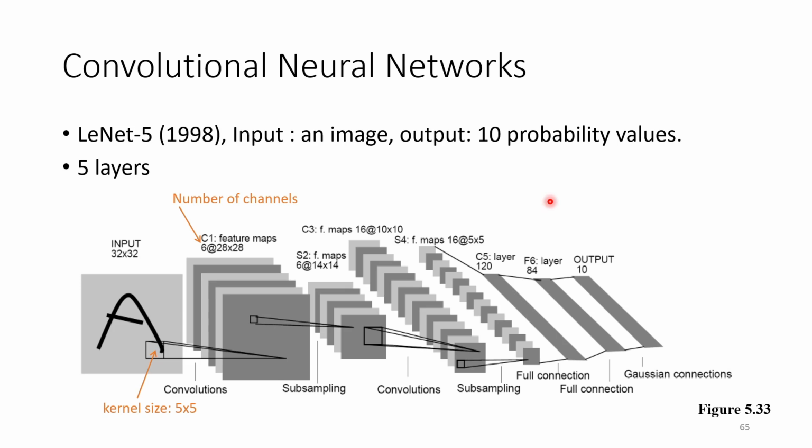Okay, so let's take a look. This is the input image, and then there is a convolution. This is just a set of weights to calculate the region and generate the convolution result, and it will become several.